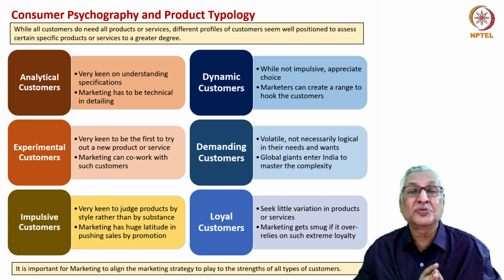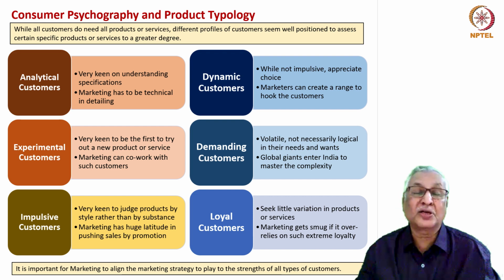Let's look at consumer psychology and product typology. We talked about consumers who are of six types. Let's also examine how they view product typology given their basic approach to analysis of products or experimentation of products or loyalty to products.